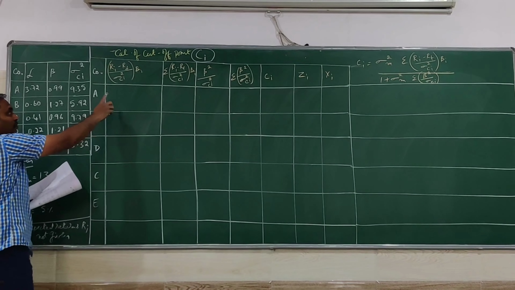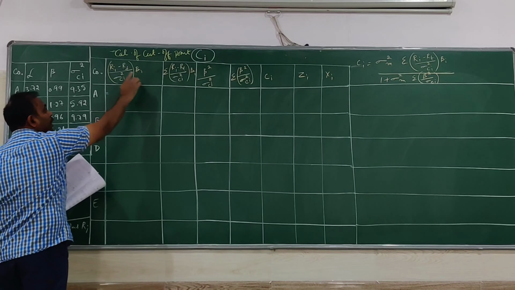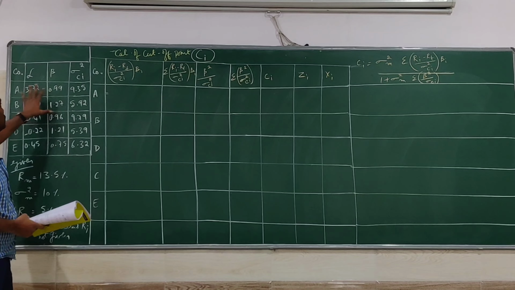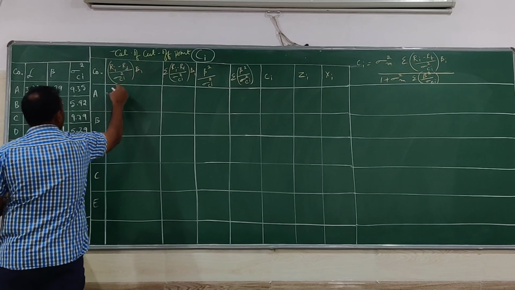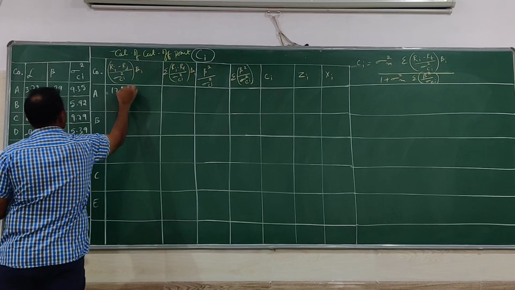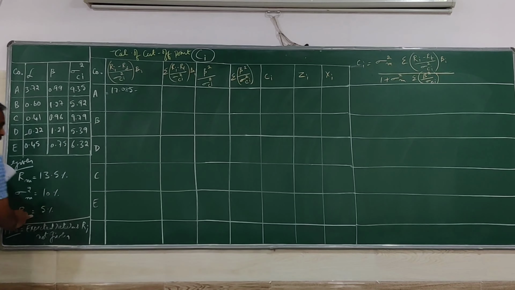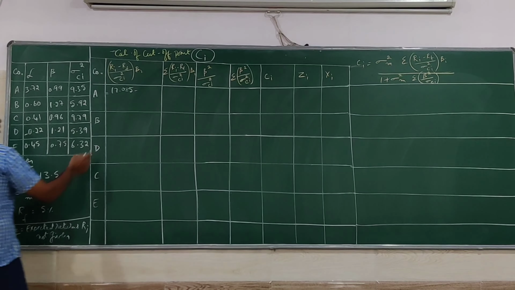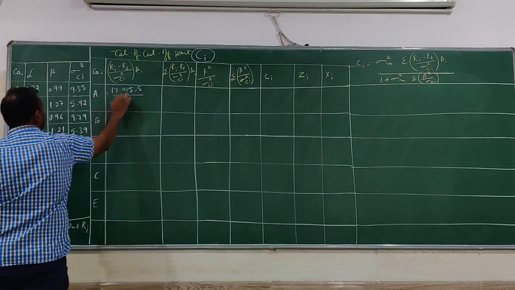Now I'll go for the first column here, Ri minus Rf divided by unsystematic into beta of individual stocks. I'll go for one by one. First is A. Ra is 17.085 minus Rf. Rf is given in the problem. 5 remains common for all. Divided by unsystematic 9.35.